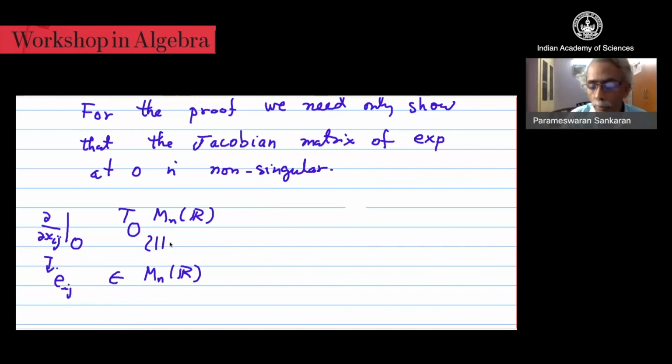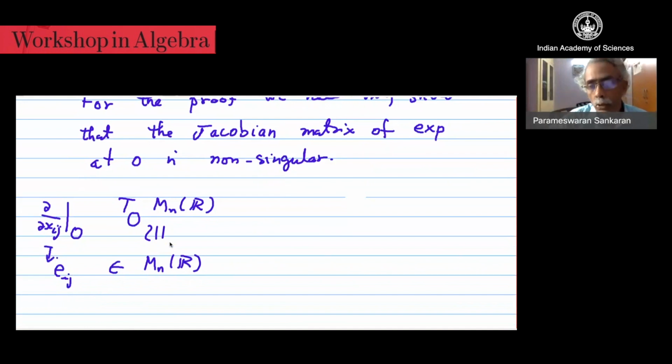This is what we do when you have a smooth curve. You can talk about the tangent to a smooth curve. I should draw a picture, I think that will help, but let me complete this and then draw a picture. This goes to the tangent space at identity of GLn(R).